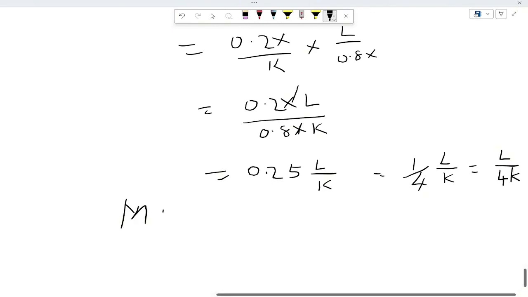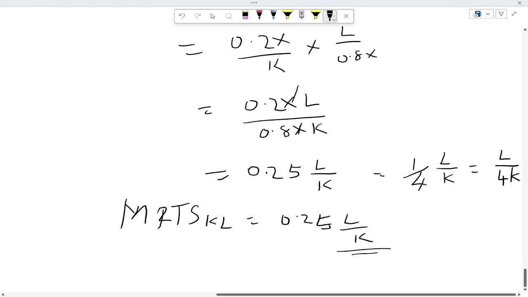So that is the marginal rate of technical substitution of capital for labor, 0.25 L over K.